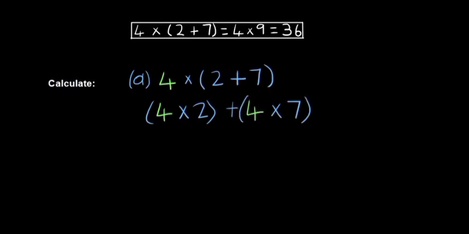So on the first part, we're going to multiply 4 by 2 to get 8. And then we're going to multiply the 4 by 7 to get 28. And lastly, we're going to add the 8 to the 28 to get 36.